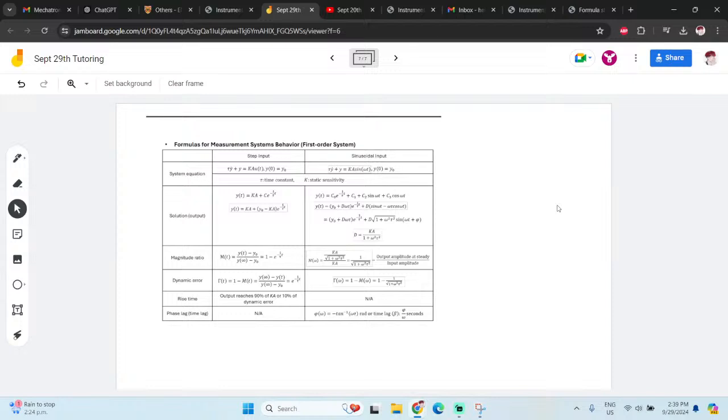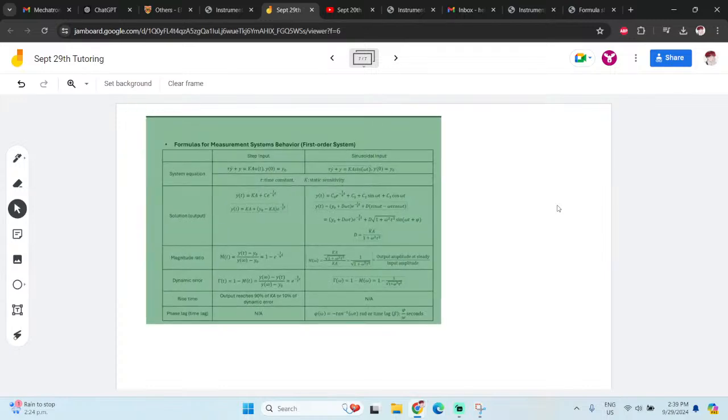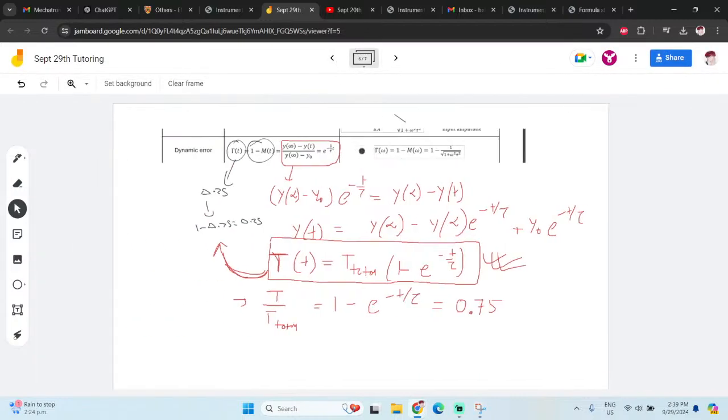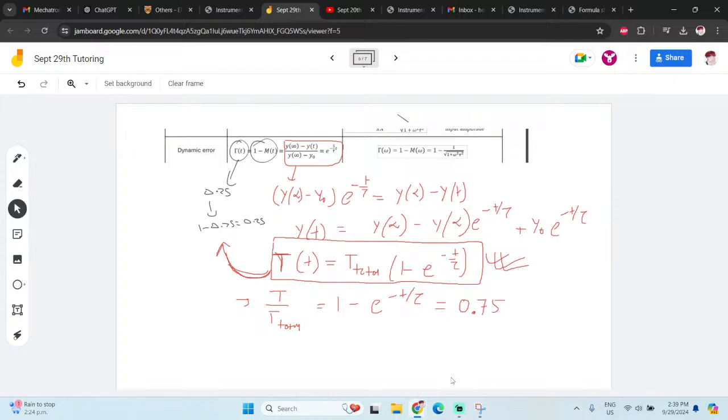Here, if you ignore the y0, the initial condition, you can see that's the formula I wrote: y equals Ka minus Ka e to the power negative t over tau. Are we considering y naught as 0?